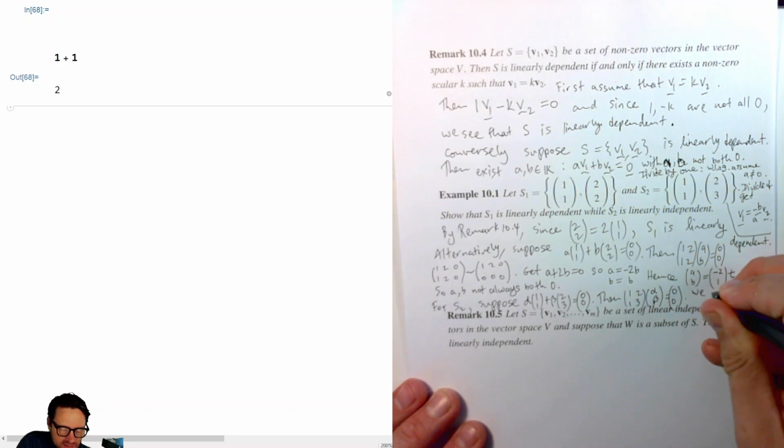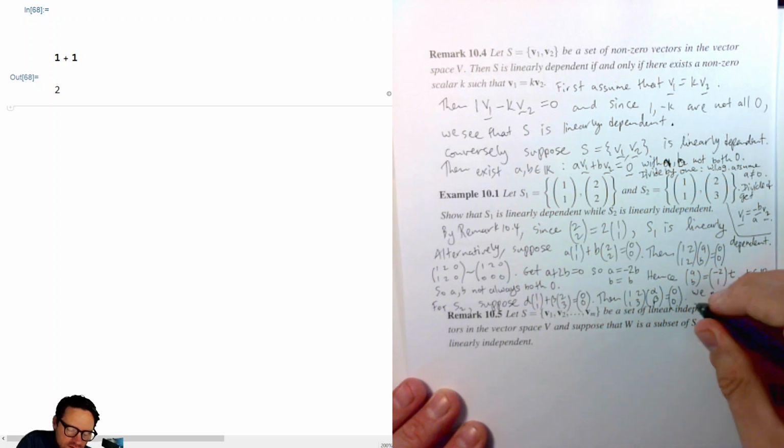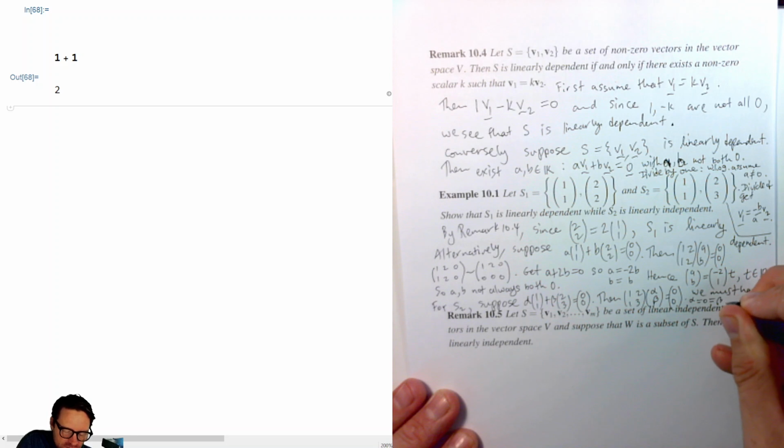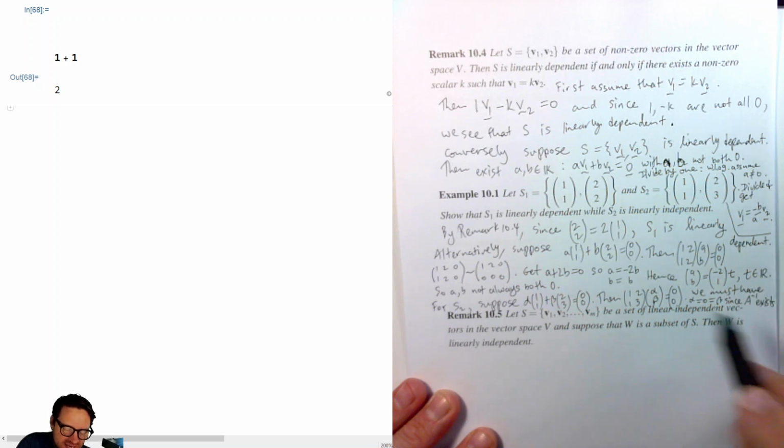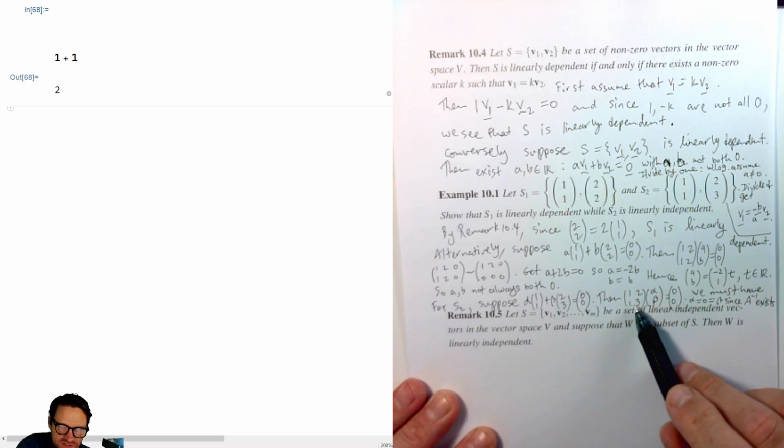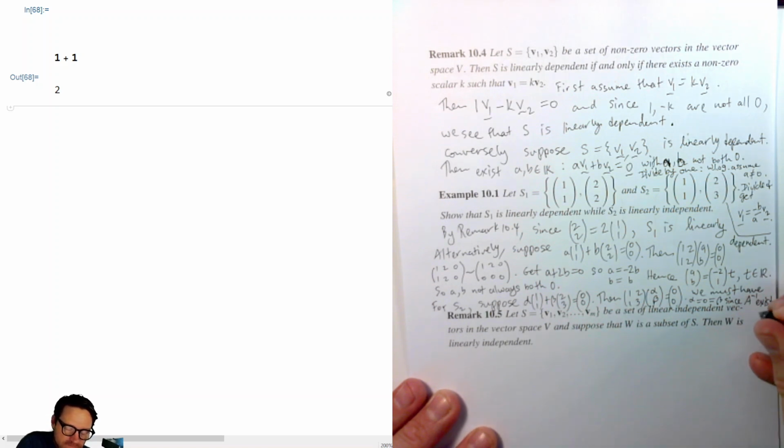So we must have alpha equals 0 and beta equals 0 since A inverse exists. And by A, I mean this matrix [1 2; 1 3].